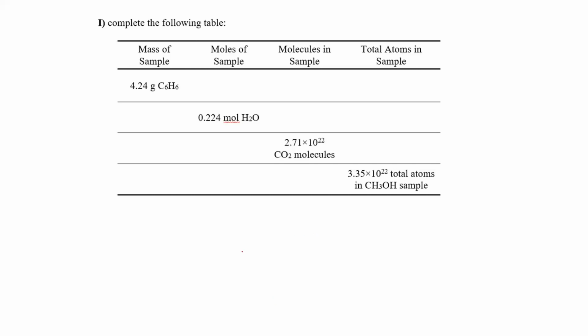For the last one, we have methanol. Here we have the total number of atoms. If I have methanol, CH3OH, I have 1 carbon atom, 4 hydrogen atoms, and 1 oxygen atom.